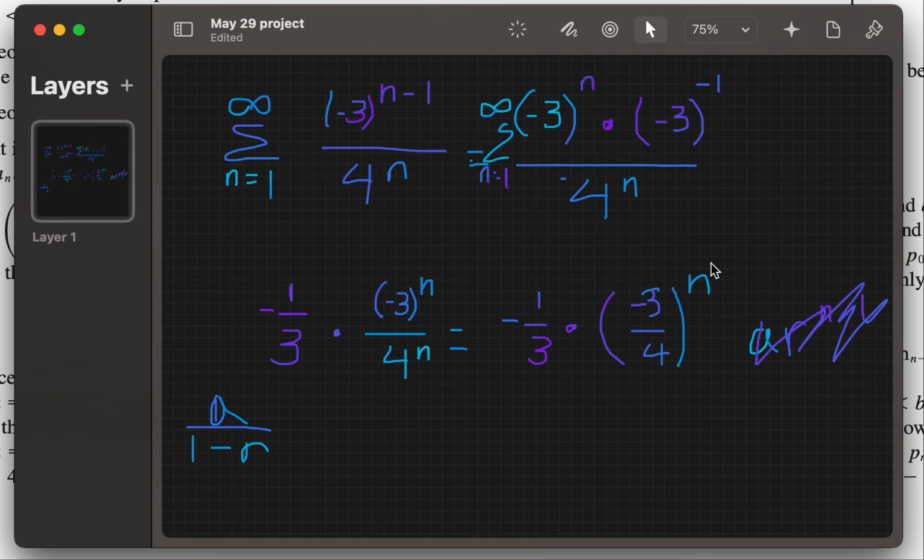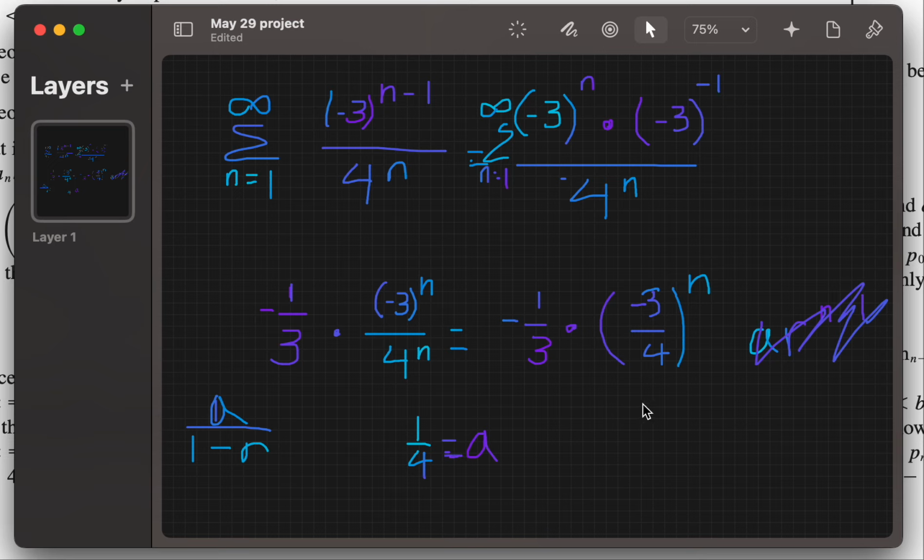So when n is equal to 1, this value would be equal to negative 3 over 4 times negative 1 over 3. That gives us 1/4. So we would end up with 1/4 is a, and r is just negative 3 over 4.